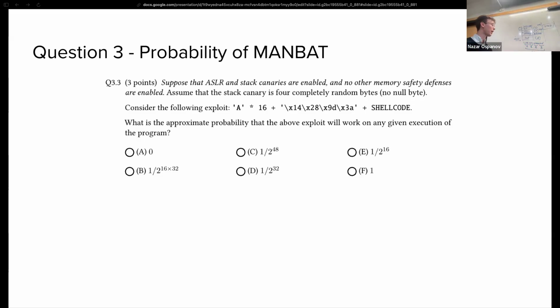That's why we're adding the 2 to the 32 factor to the solution. And 2 to the 16 comes from overriding the most significant bytes of the RIP. Does it make sense? Okay, perfect.